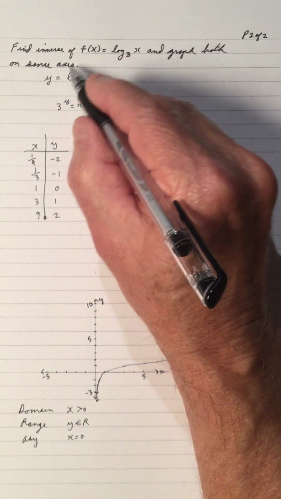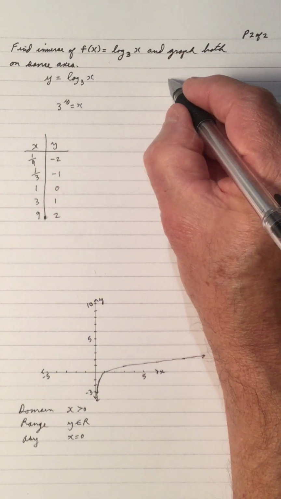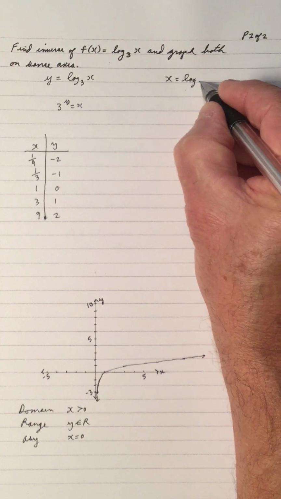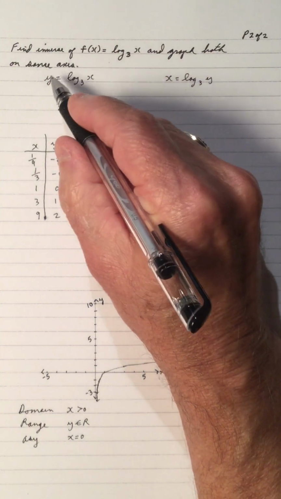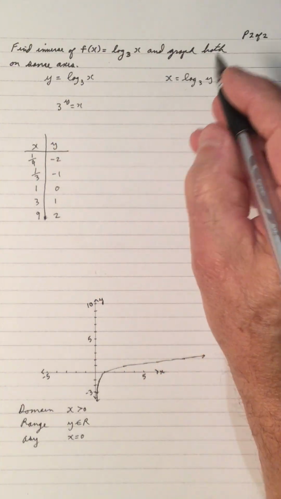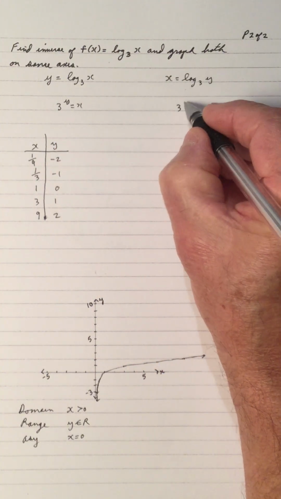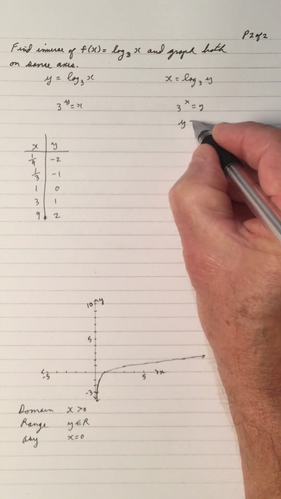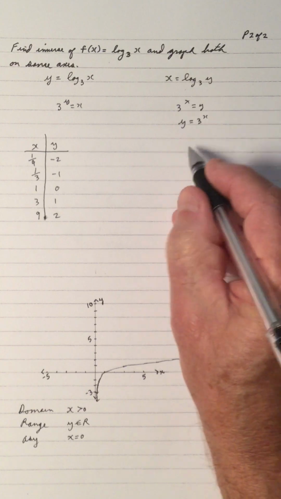We made f of x equal to y. So we interchange the y and the x, so we make the y an x and the x a y. So that becomes base, exponent, number: y equals 3 to the x.